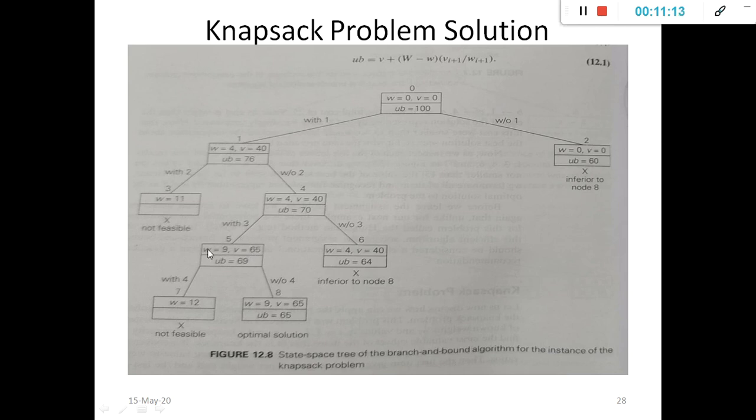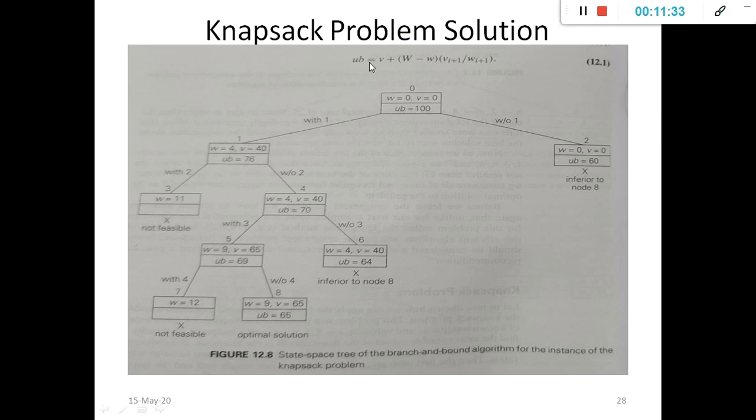That's why the total weight becomes 9 and the total value becomes 65 when you include item 3 into the knapsack. Then with these new values, W is equal to 9 and V is equal to 65, you will calculate the new upper bound as 69.